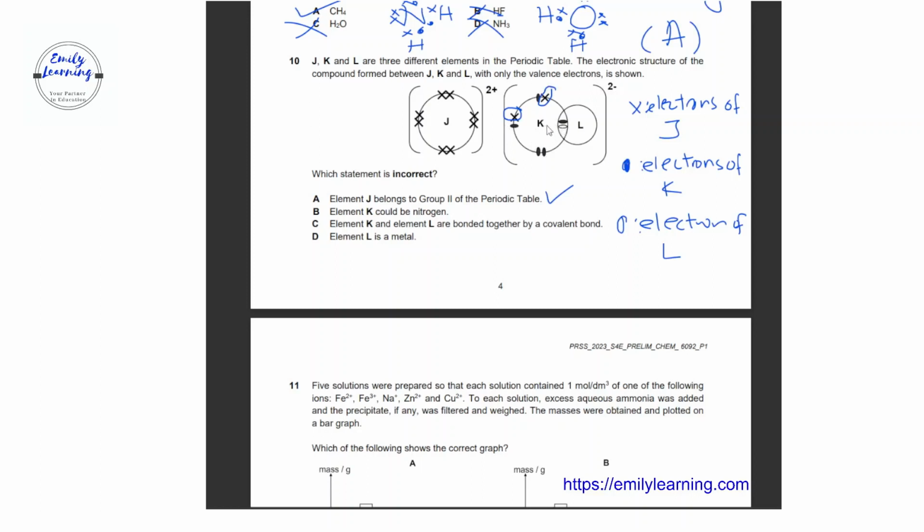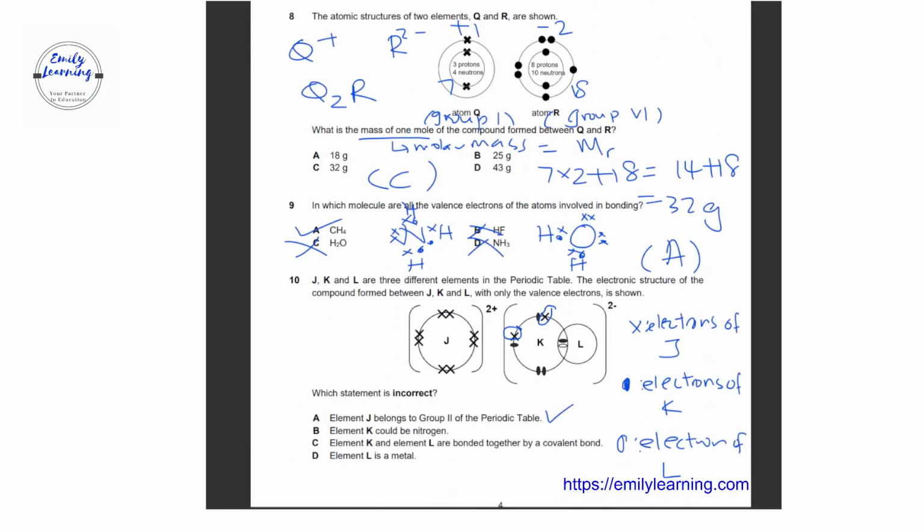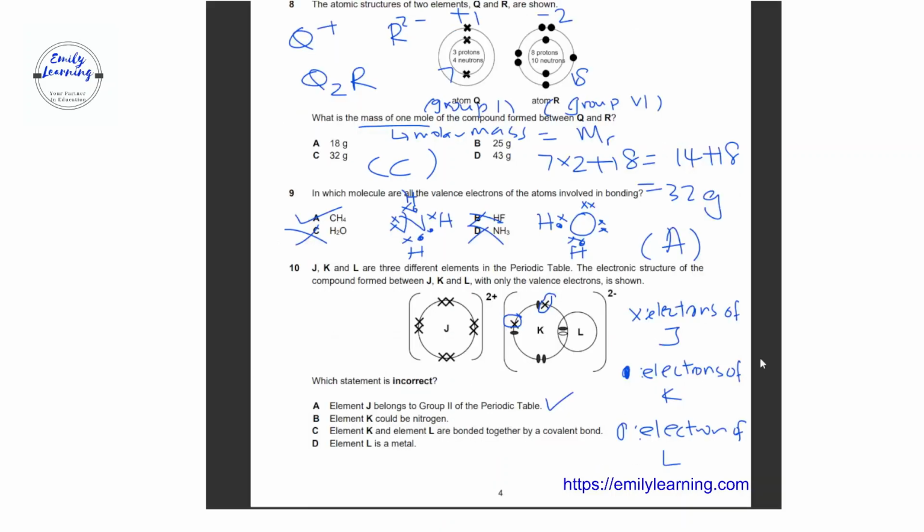So K has 5 valence electrons, so its atom has 5 valence electrons. So it is from group 5. Let's check whether nitrogen is in group 5. Yes, nitrogen is in group 5. It has 5 valence electrons. So B is possible.